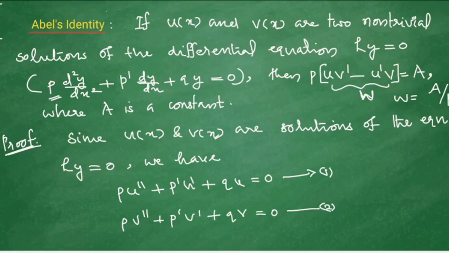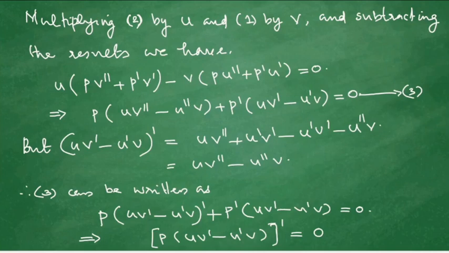In order to find the relation, we multiply equation number 2 by u and equation number 1 by v, and eliminate the third term by subtracting. So we have u into the second equation, p v double dash plus p dash v dash, and the third term gets cancelled, minus v into p u double dash plus p dash u dash, equal to 0.